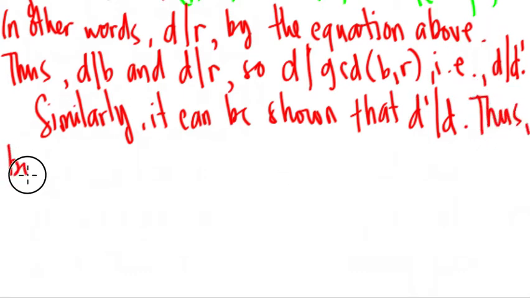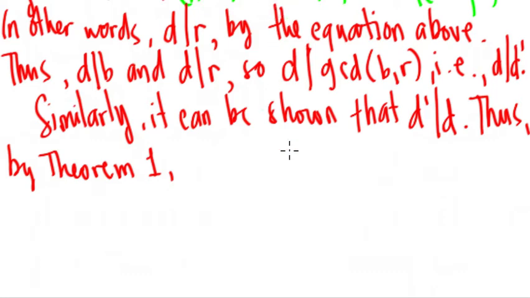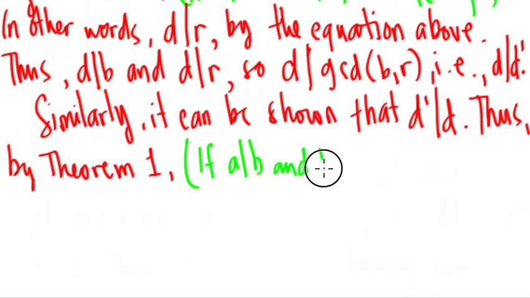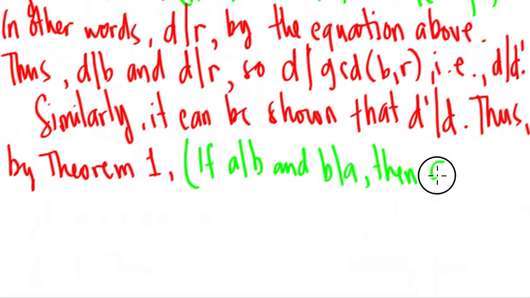Thus, by theorem one. Now what does theorem one say, sir? Theorem one states that if A divides B and B divides A, then they're equal.